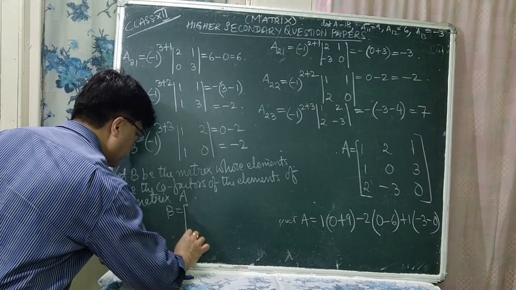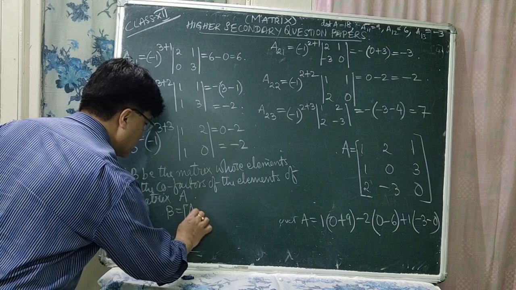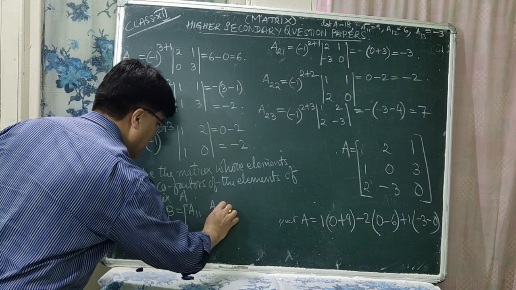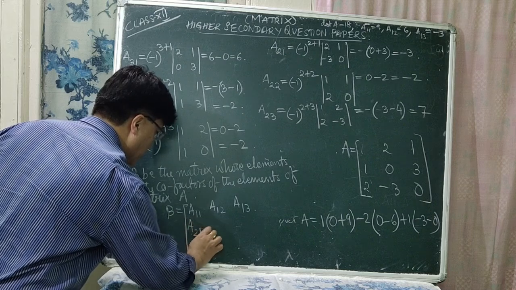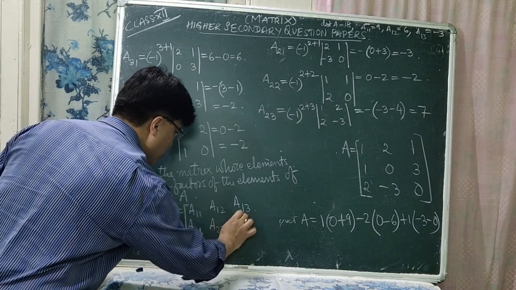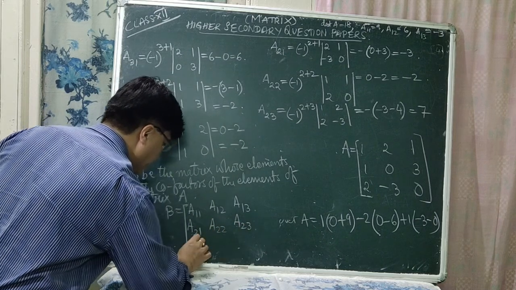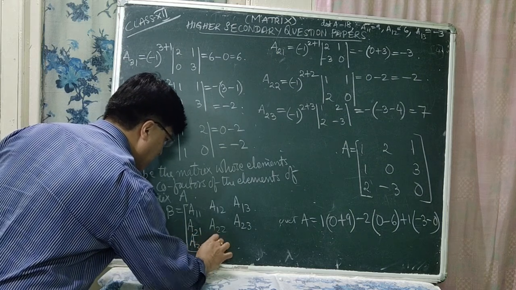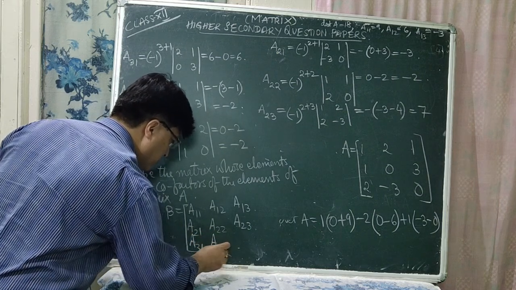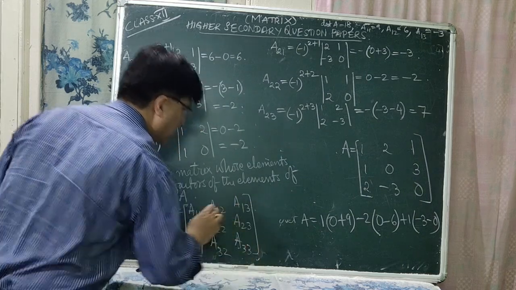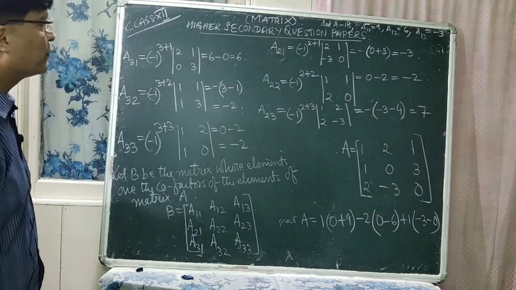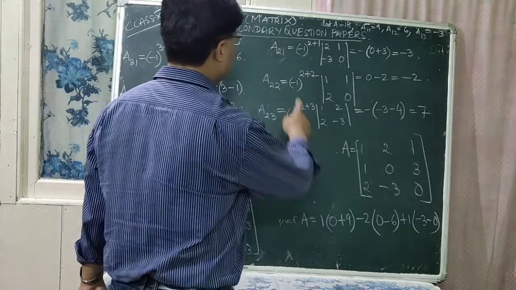So B is equal to, let us write here B is equal to A11 A12 A13 A21 A22 A23 then comes A31 A32 this is your A32 then A33. Is that clear to all of you? Let us write here A21 also.